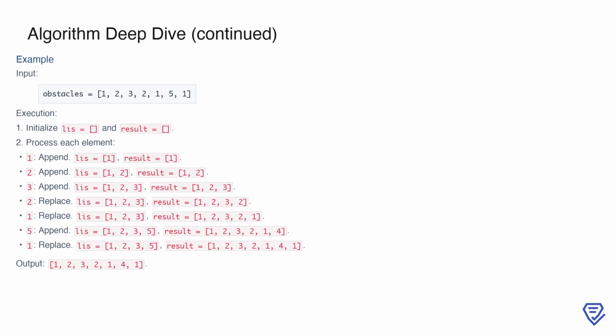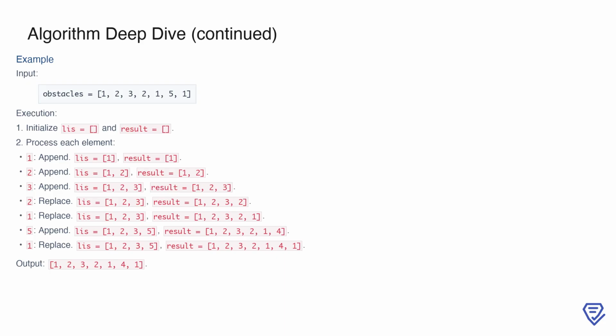Now, least is [1, 2], and result is [1, 2]. The process continues similarly for 3, which is also appended, resulting in least being [1, 2, 3], and result [1, 2, 3]. When we encounter the second 2, we replace the 3 in least with 2 to maintain the smallest possible ending value for a subsequence of length 3.